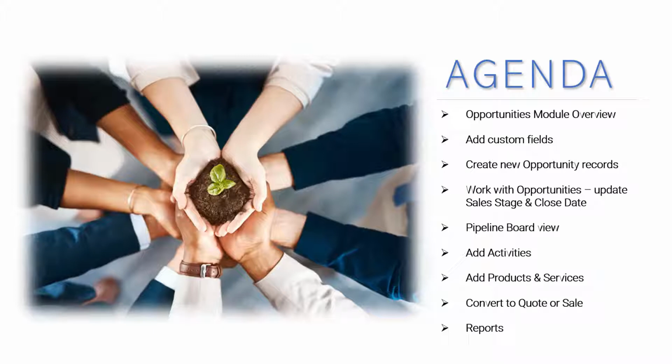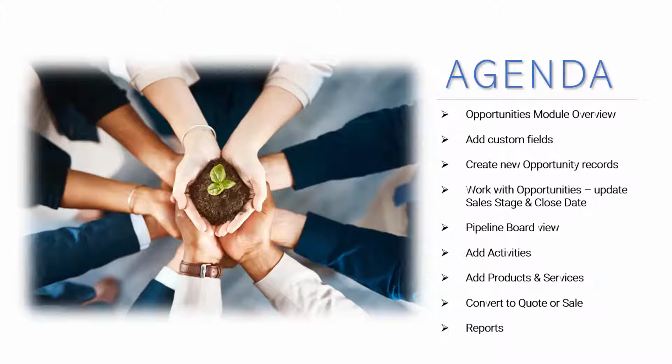We're going to work with opportunities. The main thing with your opportunities when you're working with them is to keep the sales stage current and especially to keep the close date current. Because when you run different filters for those, grouping by sales stage, you can see the value of what you have per sales stage.